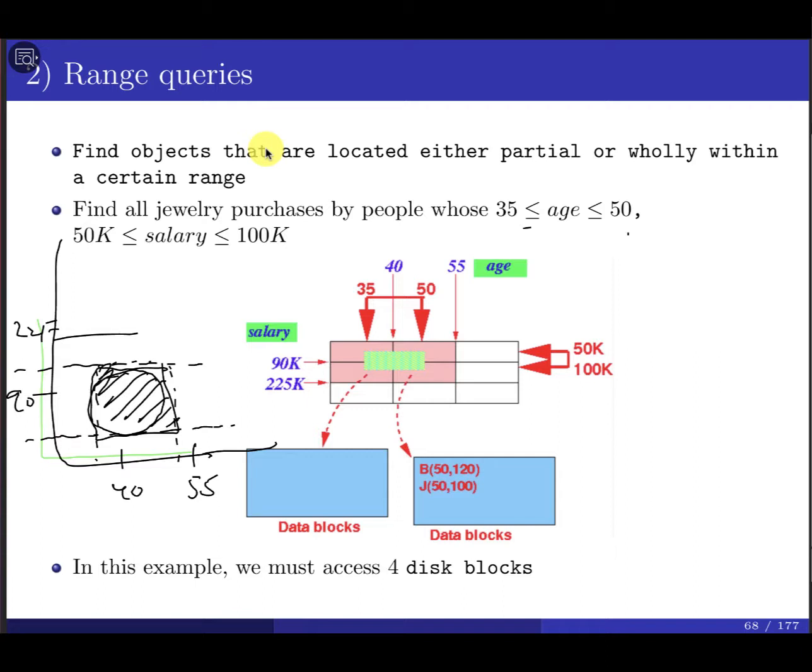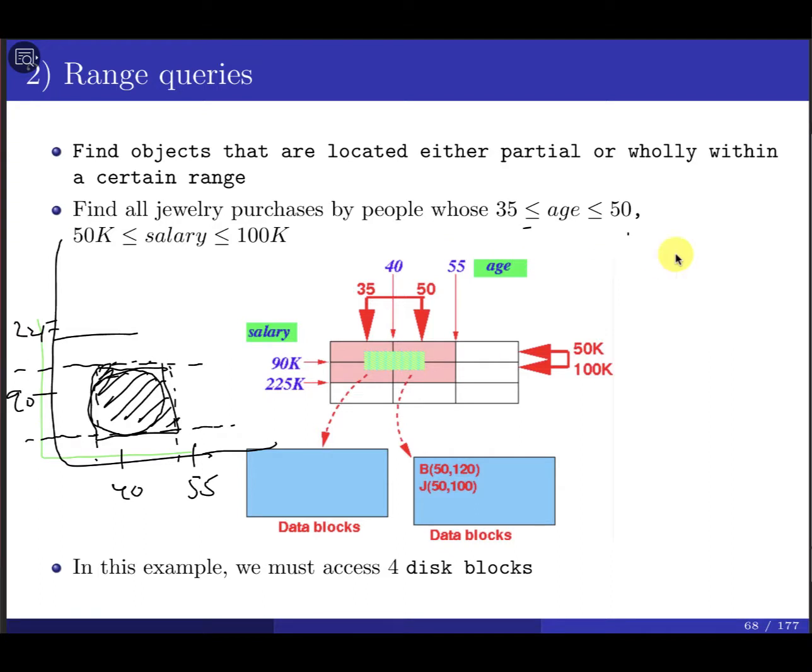The information related to each other is going to be stored next to each other. Either it's going to be in the same block, if I'm lucky, or at least I'm going to perform a few disk input output operations in order to access the data. So it's not going to be random. It's not going to force me to perform random disk input output operations.